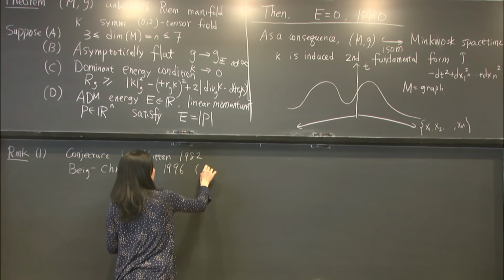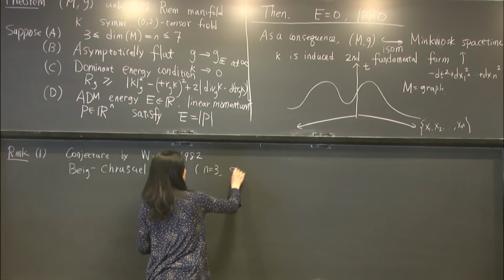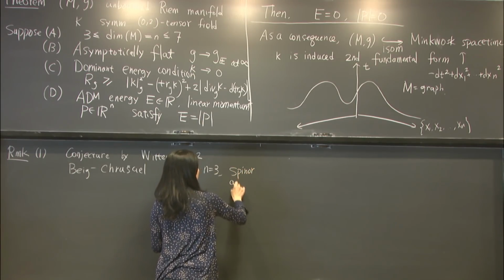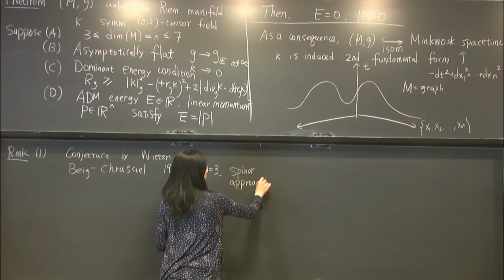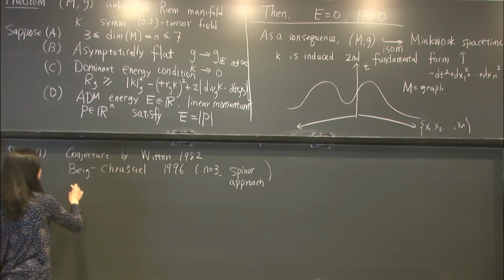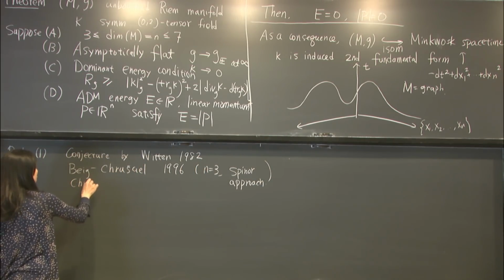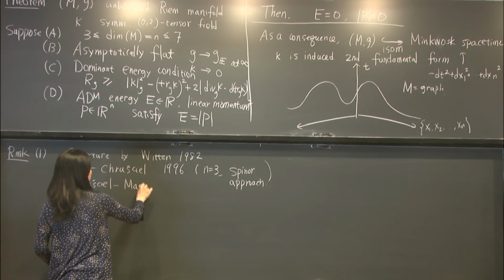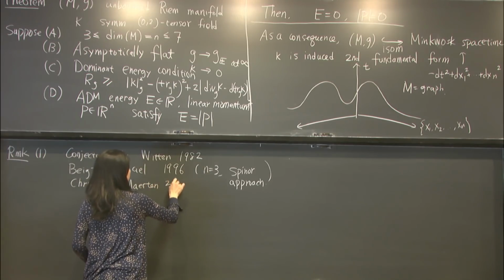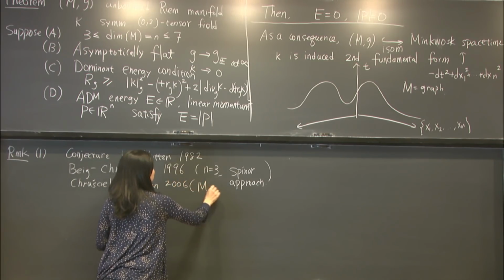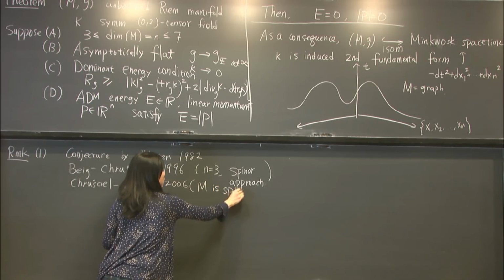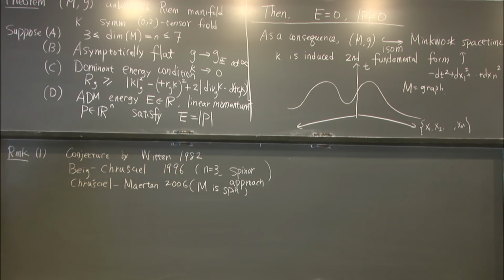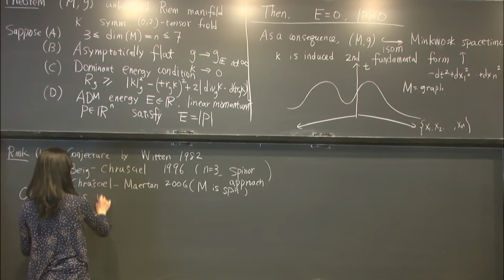So that's for n equal to 3, and that's a spinor approach. And their method was generalized to higher dimension, directly assuming the manifold is spin, which is a differential topological condition on N. So our proof is a different variational approach without the spin assumption.